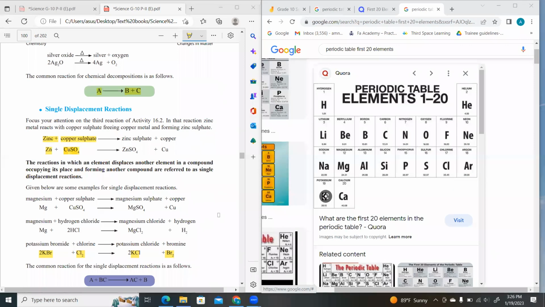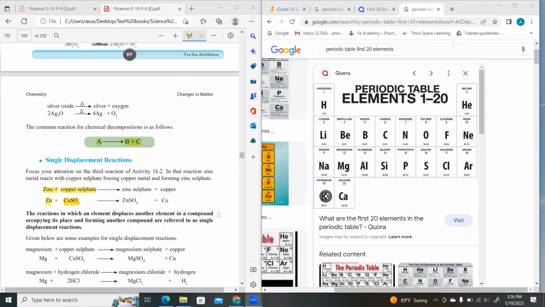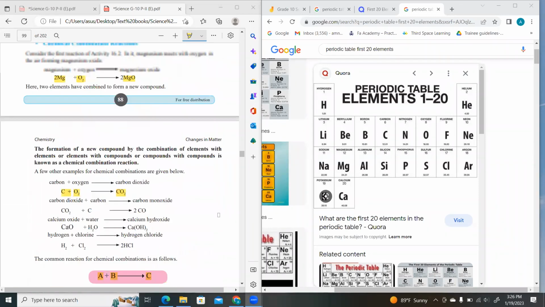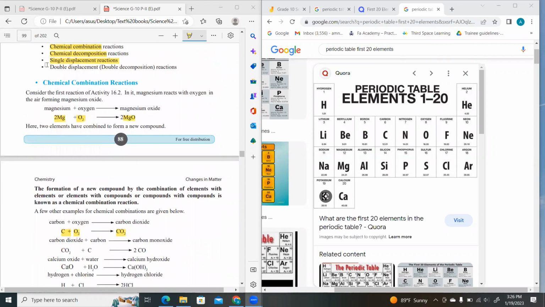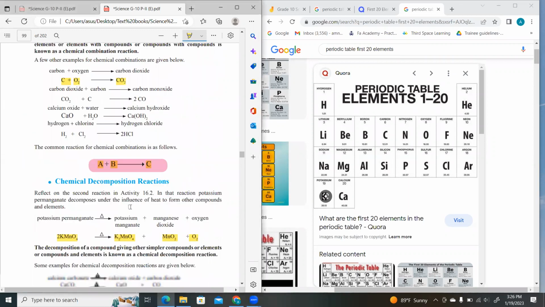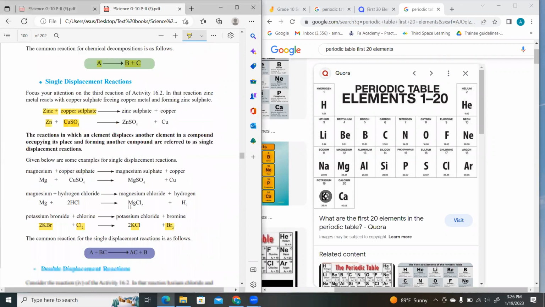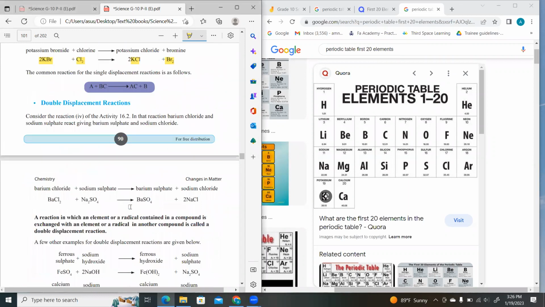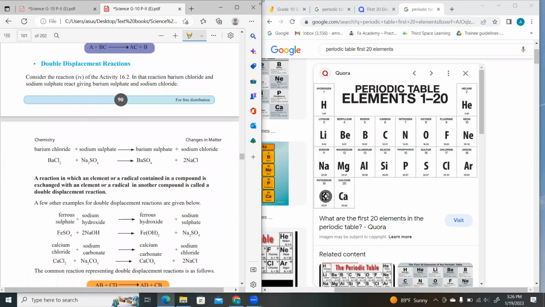So you should know what the types of chemical reactions are, what is single displacement and what is double displacement. Double displacement means each reactant will be changing their partners. Now, when you see Fe, here Fe will be going with hydroxide, and then sodium will be selecting sulfate as the partner.